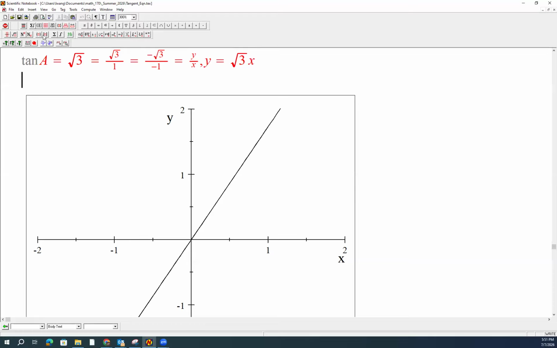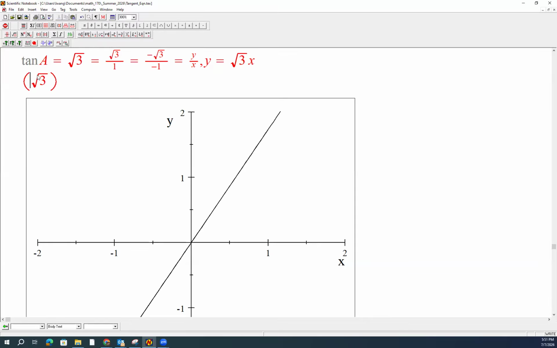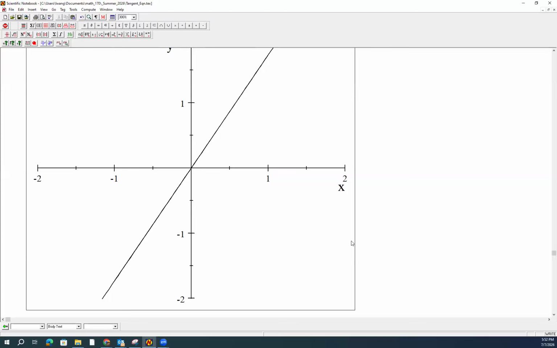These 2 points would be, y is root 3, so 1 comma root 3, or negative 1, negative root 3, right? So we got 2 points.